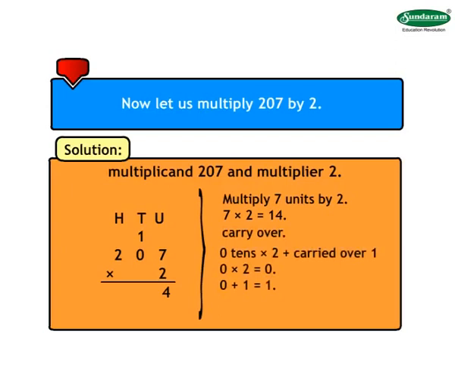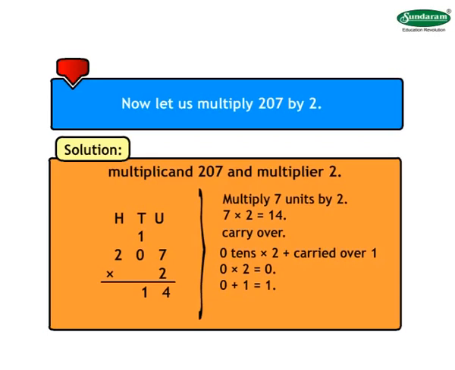Now, multiply 0 tens by 2 and add the carried over 1 ten to the product. That is, 0 into 2 is equal to 0. 0 plus carried over 1 is equal to 1. Write 1 in tens place in the answer.